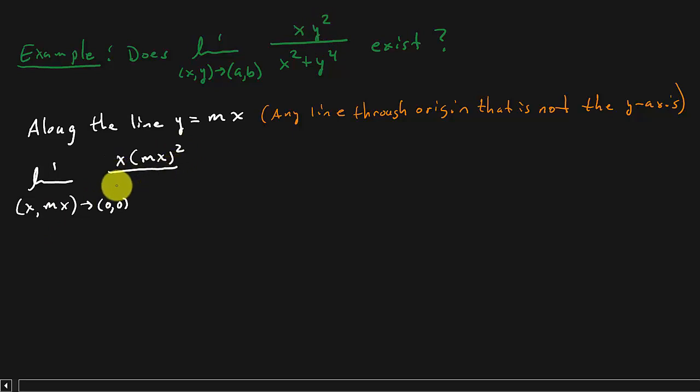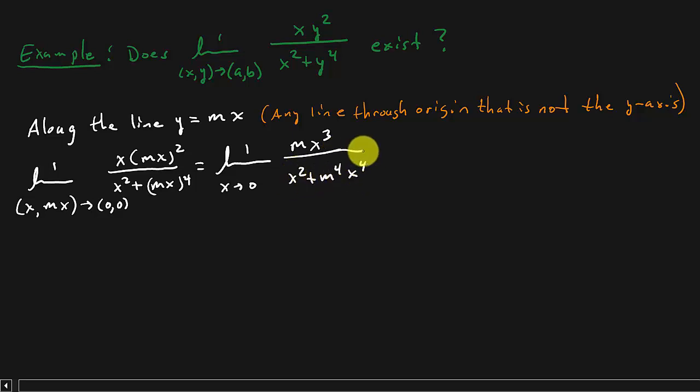And that's over x squared plus mx to the fourth, which is the limit as what? Well, now I'm just all in terms of x. So I've got x goes to 0 of mx cubed over x squared plus m to the fourth x to the fourth.